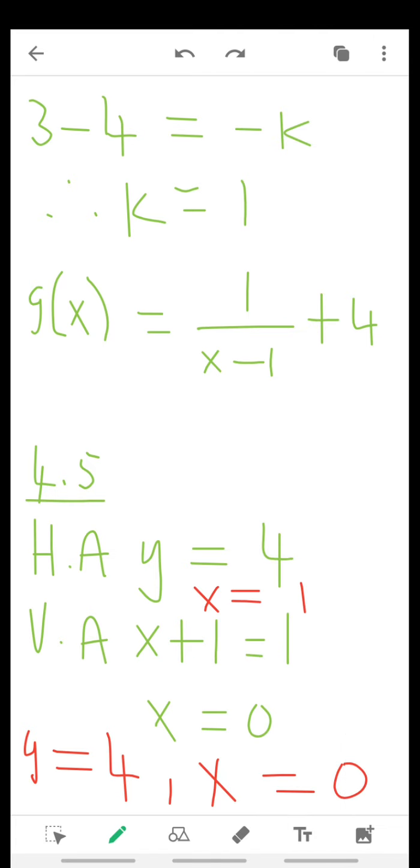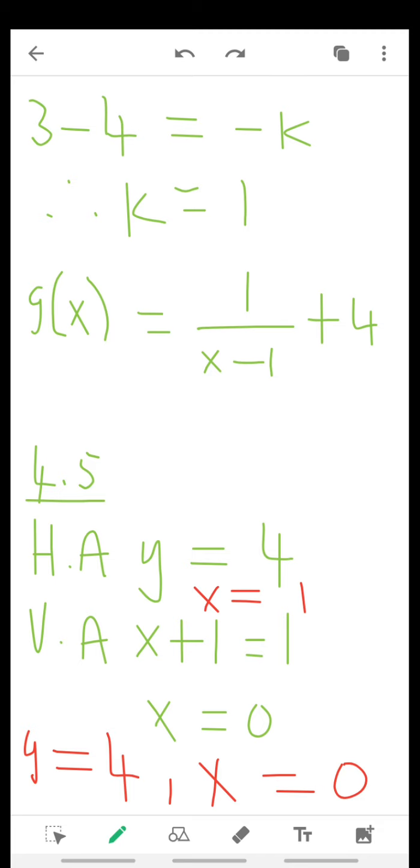Remember, the original horizontal asymptote is y equals 4. Remember this one here, and we keep it the same. Then the vertical asymptote was x equals 1, but because of the shifting that has taken place, I'm shifting the asymptote 1 unit to the left, therefore I must subtract 1.